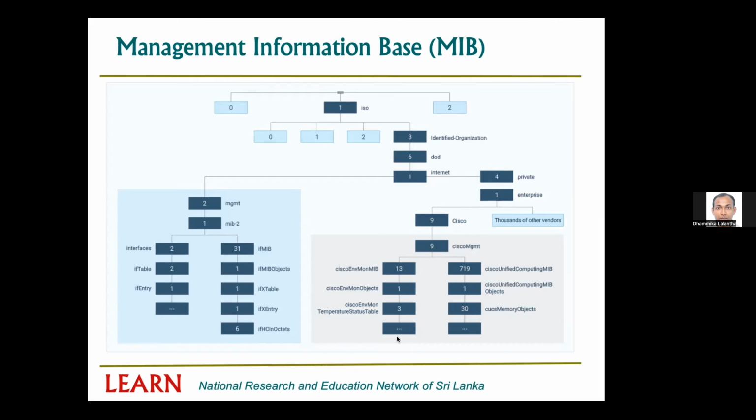We can also call it by name. If it's the command from SNMP get, we have to specify the OID either by name or by the numbered version. If we specify the textual representation, it will be iso, dot org, dot dod, dot internet, then dot private, dot enterprise, dot cisco, likewise.